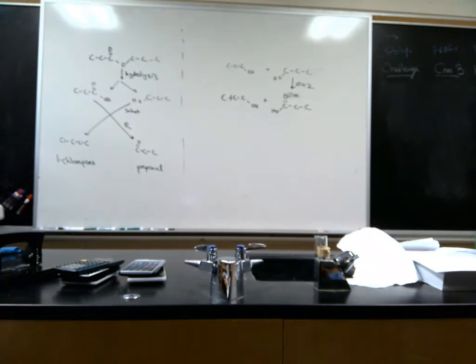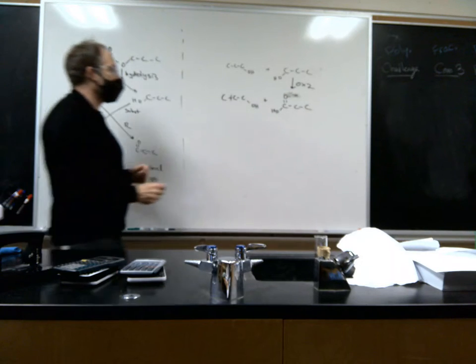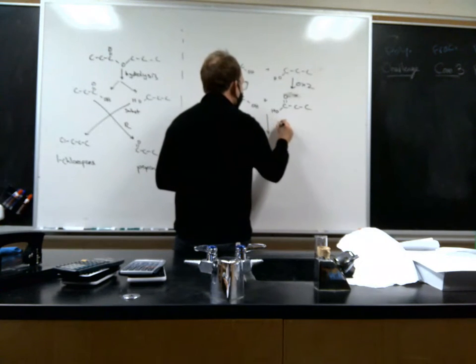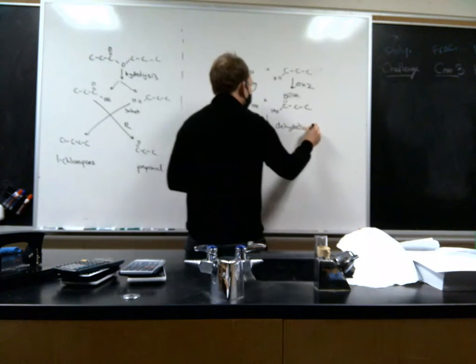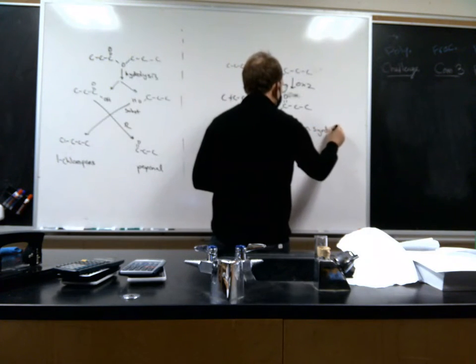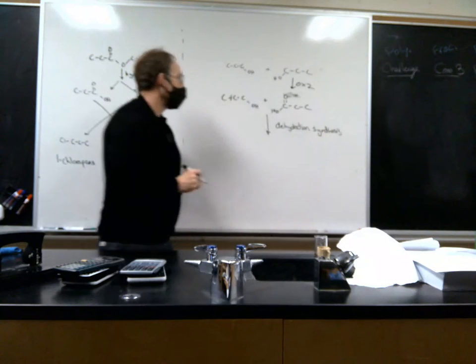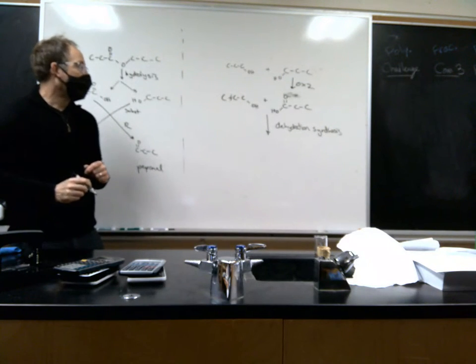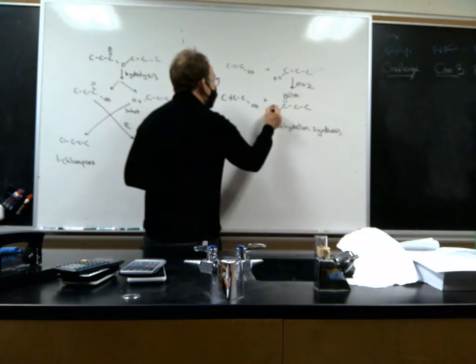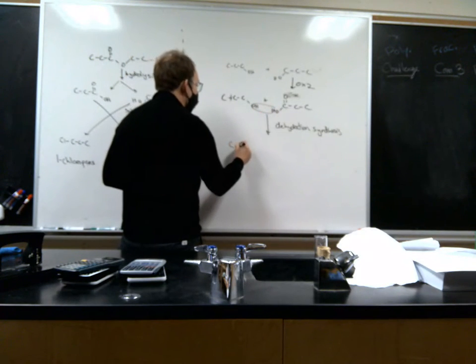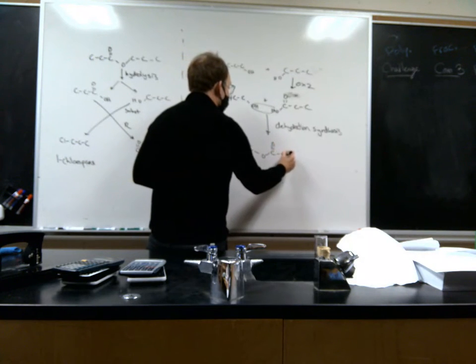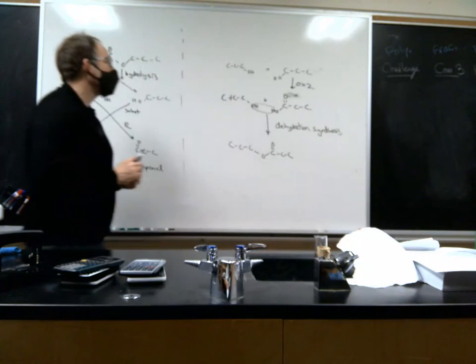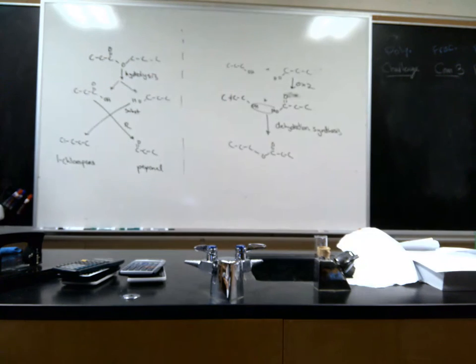Listen, listen, listen. Anytime you do a dehydration synthesis, it's got to be an alcohol and a carboxylic acid. What's going to happen is you're going to remove two H's and an O. It doesn't matter which ones. And you are done.